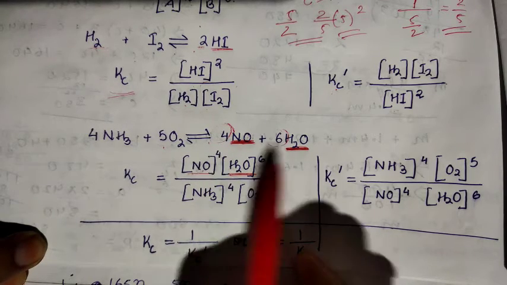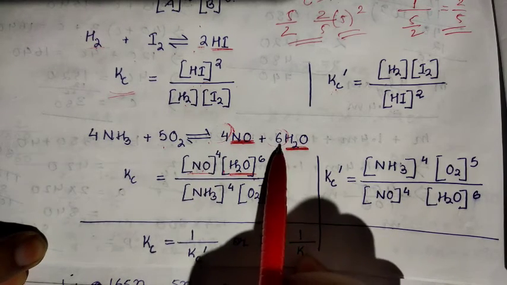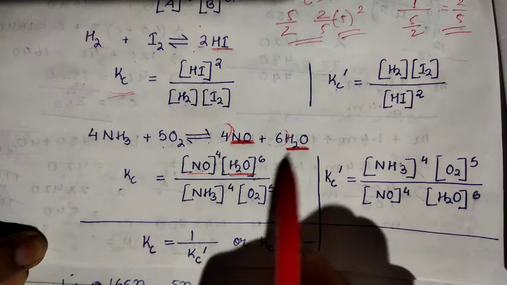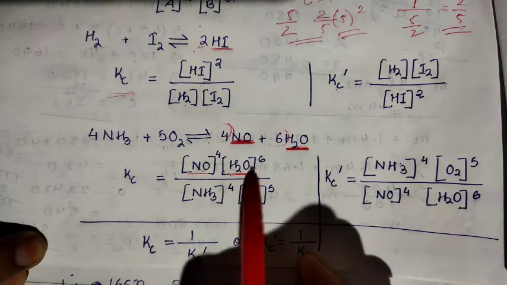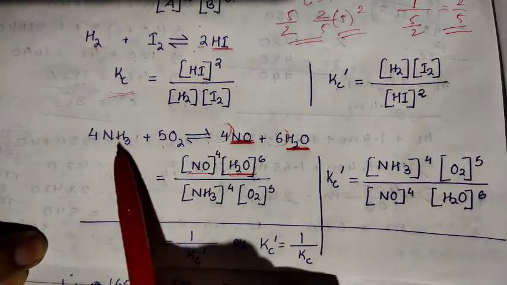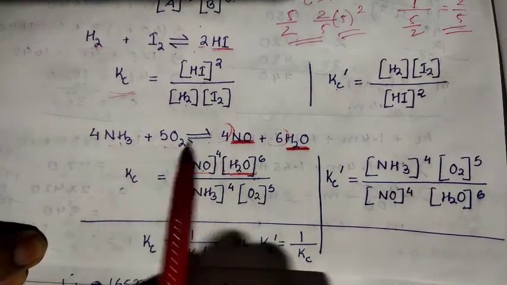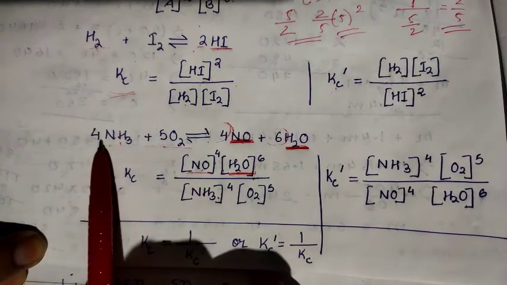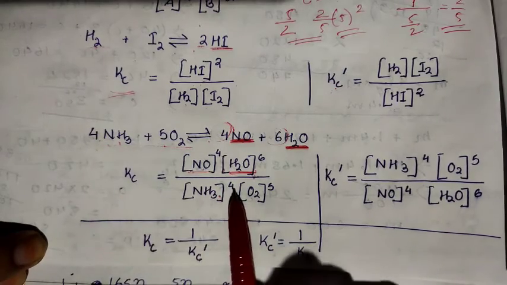So when you go this way, these are your products which will go in the numerator. That is NO and H2O. Now you have to see the coefficients. Yes, there are coefficients. So this will become the power of the respective concentrations. That is 4 with NO, and 6 is with H2O. In the reactant, it is NH3, the coefficient is 4, so 4 will come here.